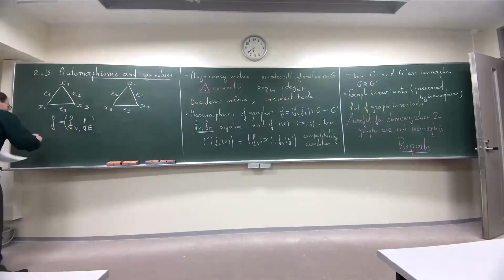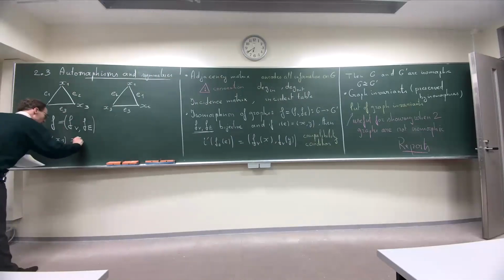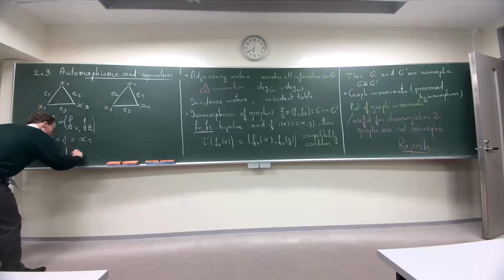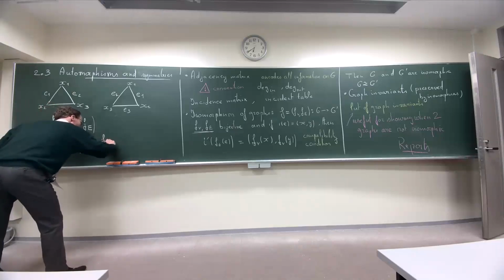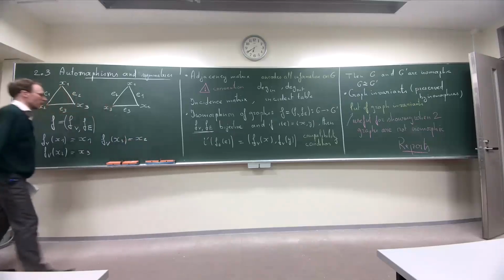So what are these 2 functions? fv of x1, I send x1 on x1. fv of x2 is x3. And fv of x3 is x2. This is not enough.